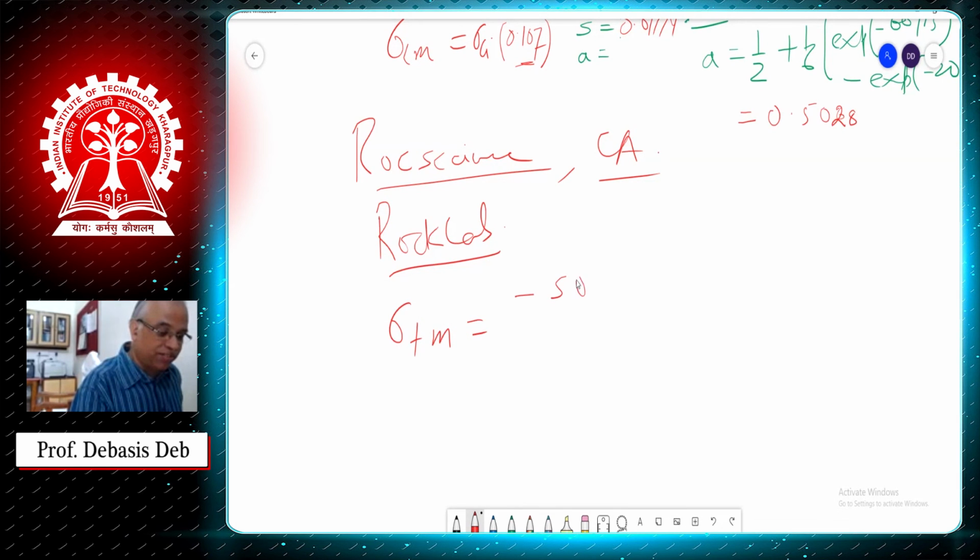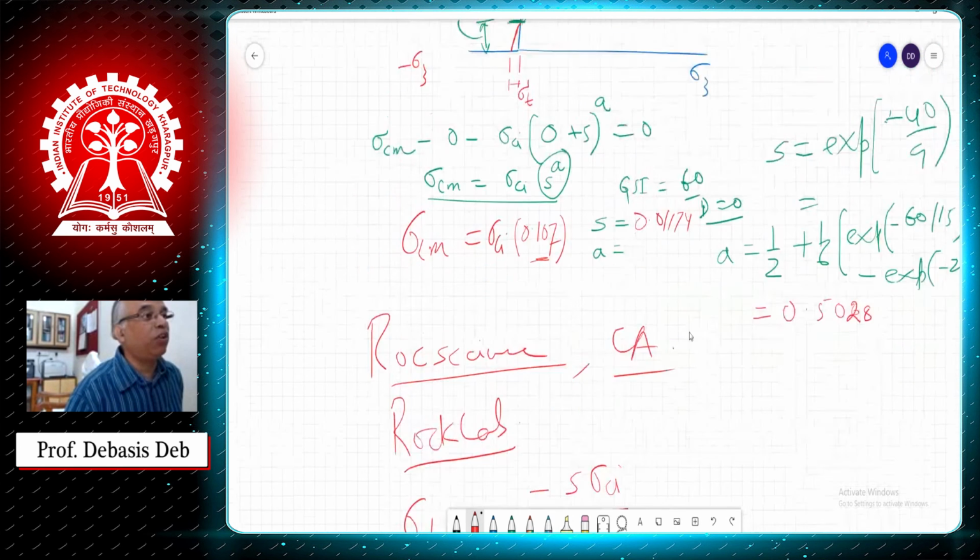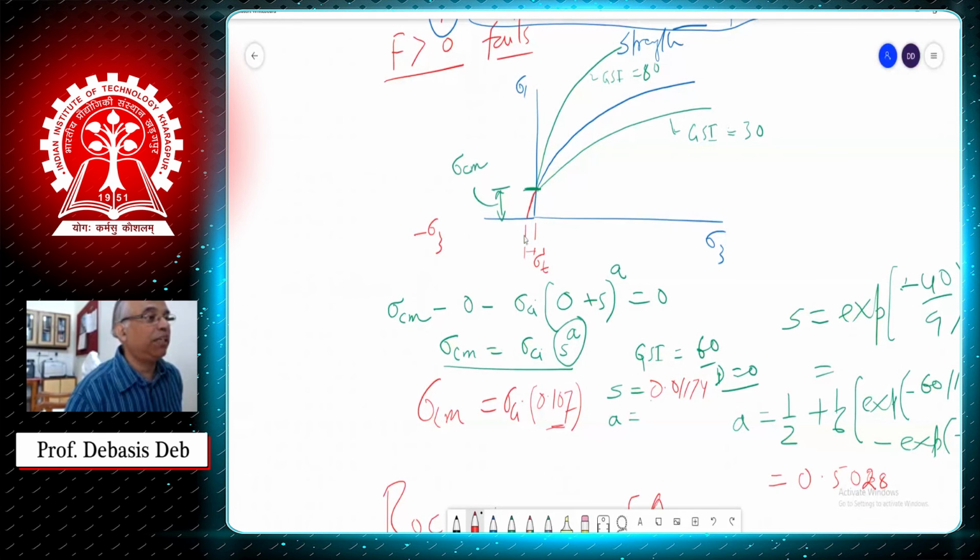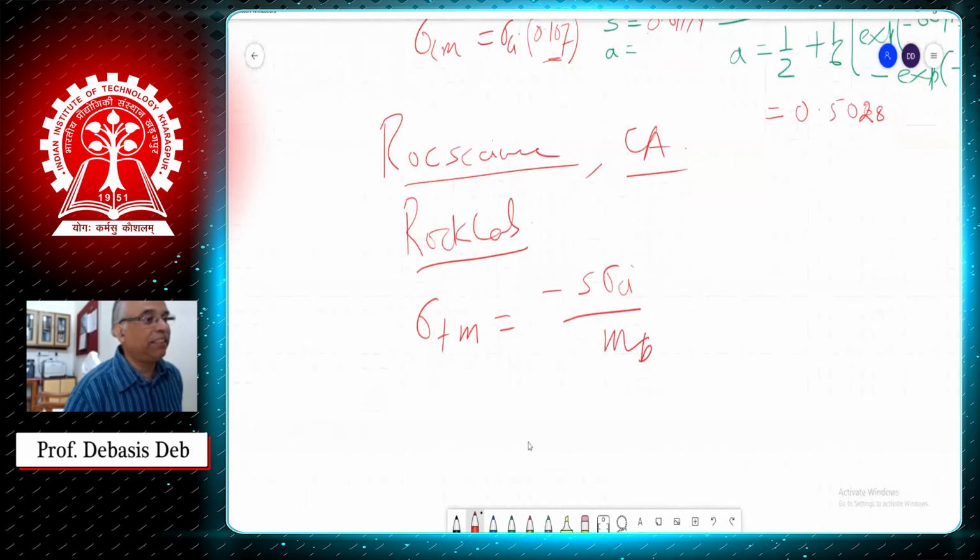This becomes S sigma Ci by MB, and you can see this will also be very, very low, because the S value is very low, as you have calculated. So this is also extremely low, as I showed you in the graph also. See, this side is pretty low. This is the sigma Tm, and you can use this formula to calculate the rock mass tensile strength.